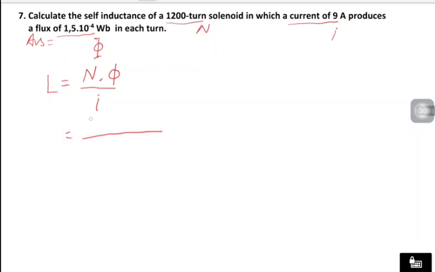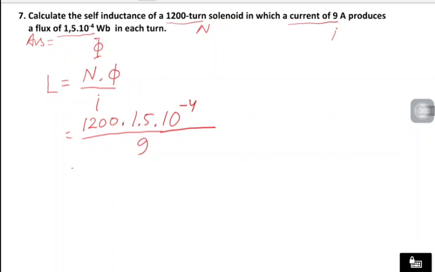The amount of turns is 1200 times flux 1.5 times 10 to the minus 4 power, divided by I, 9 ampere.